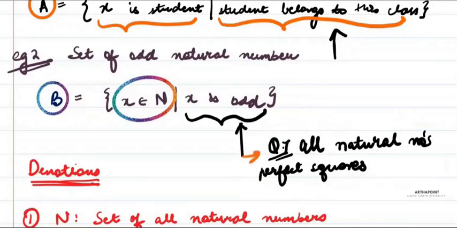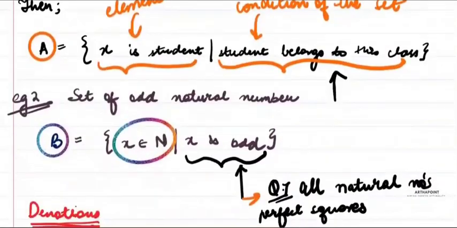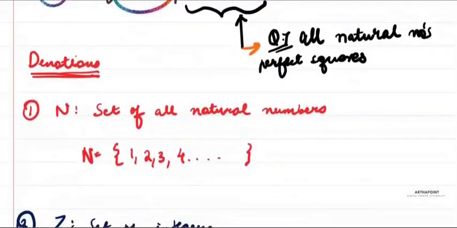Okay. Now, if we understand what is a set, we have to also understand that there are different types of set. And by types, I mean that we have different denotions of the set. We can denote different kind of sets by different alphabets.